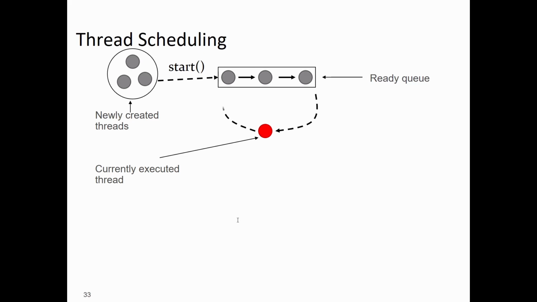After a slot of time, around 20 milliseconds, very short, the thread is taken off the CPU, thrown back to the queue, and the next element is taken from the queue.